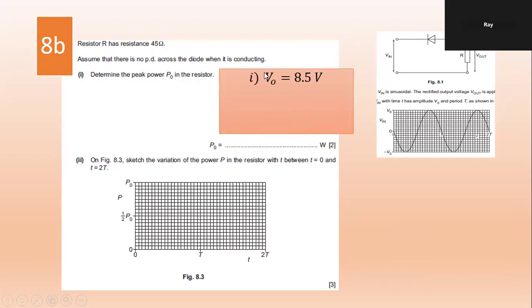Right? That's your V naught. You have calculated. And peak power is V naught squared over R. Okay, put in your value. R is 45. Calculate out. On figure 8.3, sketch the variation of power in resistor with t, between t equals 0 and t equals 2T.